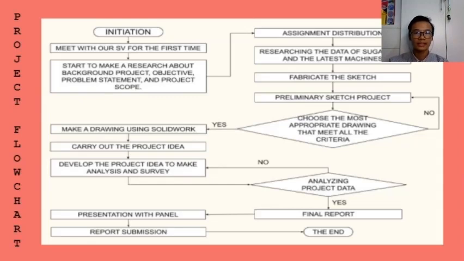And then we fabricate some sketches and choose the most appropriate sketch that meets all of our criteria, to draw it using SolidWorks. And then we carry out the project idea, develop the project idea to make analysis and survey. We do some analysis for the first project and then the final report. Next is a presentation with panels and then report submission.